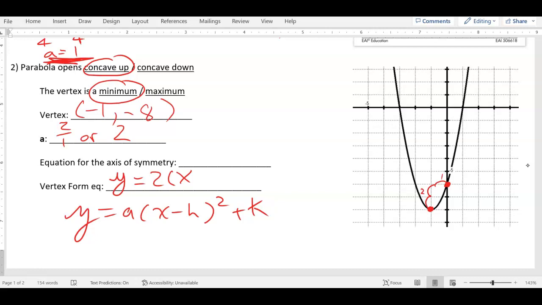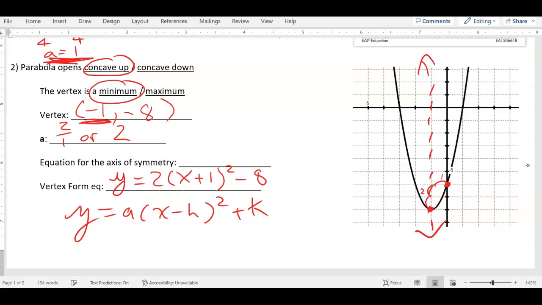What's the opposite? Remember, h is a lie. What's the opposite of this h value? +1. And then the k value, -8. I said it yesterday, say it again. Remember, insiders lie.